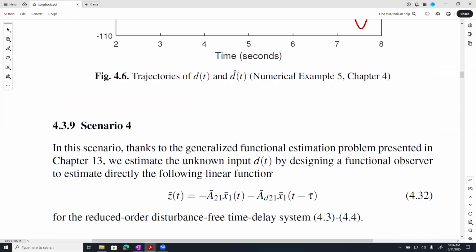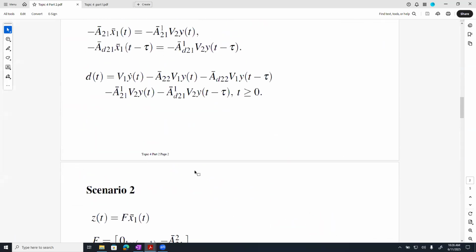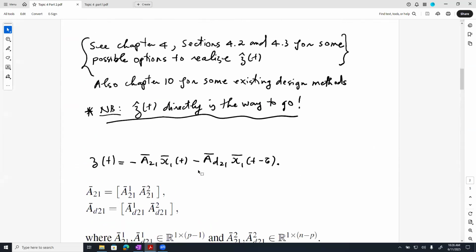So in this chapter 4, the idea there is we decompose the unknown input in its simplest form, and then we explore different options available to realize this generalized functional, bearing in mind that there were only methods available for estimating the entire stack vector directly, or a linear function of it.